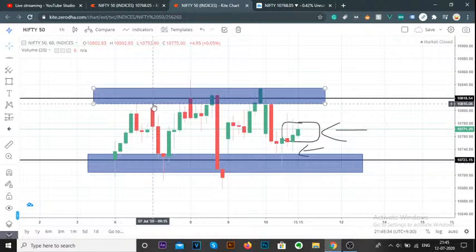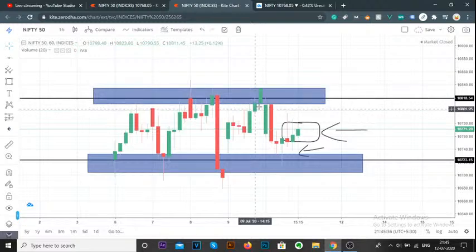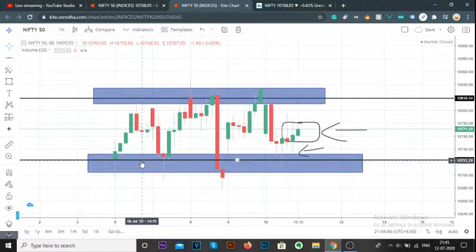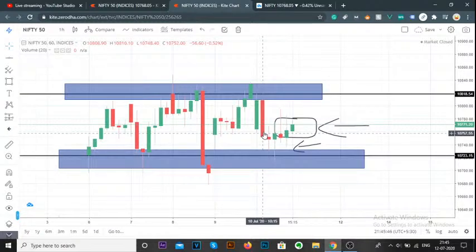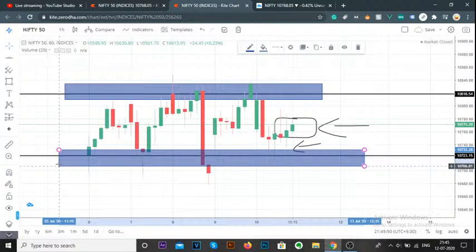What will be the possible case scenario when you know that when the price came here, it was rejected, rejected, rejected, then this is the best place to sell. When the price was here, pushed up, pushed up, pushed up, and so on, then this is the best case to buy, right? So when the price came to this zone, let me mark it even more in a good way.